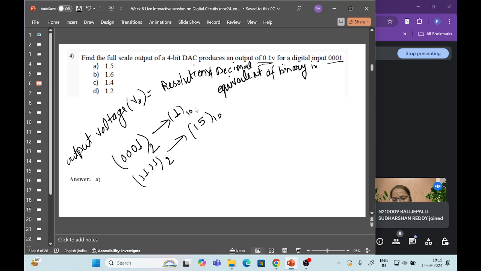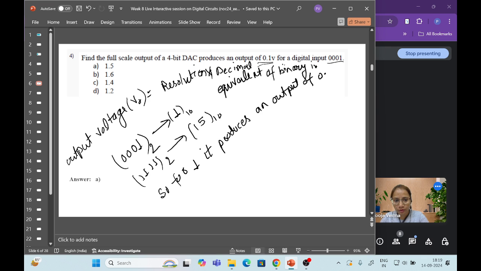Okay. So for 1, it produces an output of 0.1 volt.